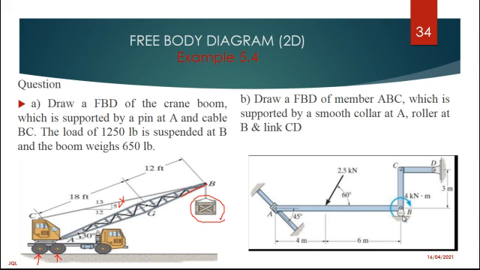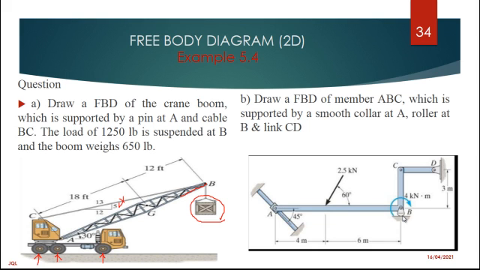If you can remember those steps on how to draw a free body diagram, they will tell you exactly what you are looking for. For me, I have the reactions where the wheels are and the other reaction that I'm going to have at B, depending on what exactly I'm looking for.